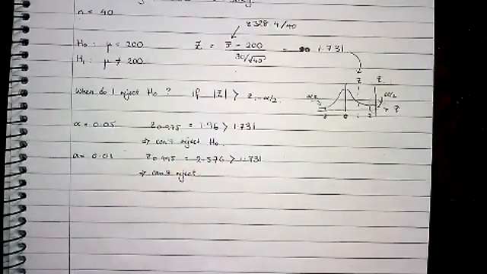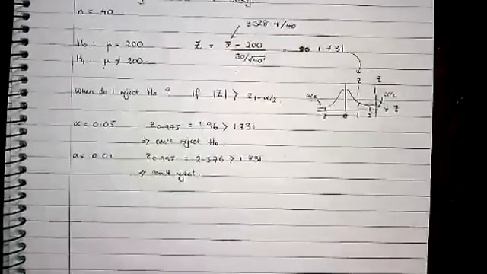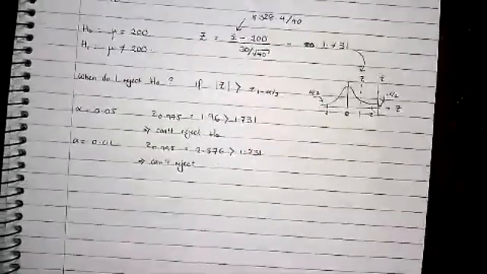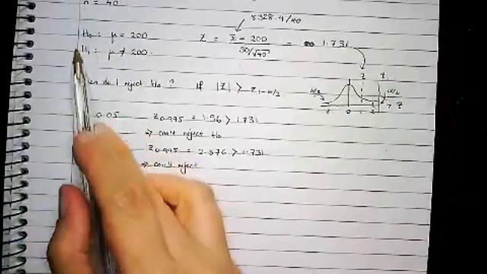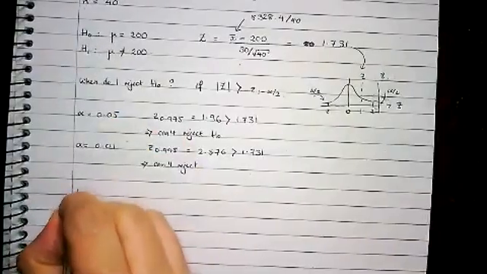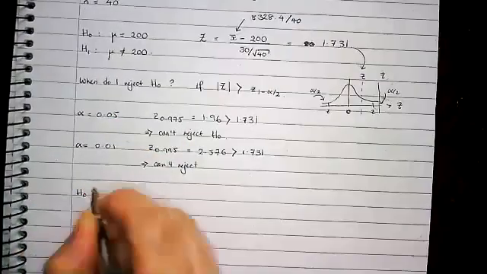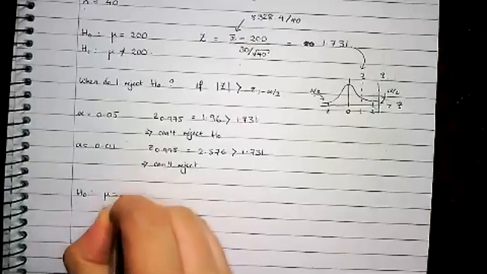Now, things get a bit more tricky when we start looking at the one-sided case. If I'm looking at the one-sided case, I change my H1 hypothesis. This time my H0 hypothesis is the same.